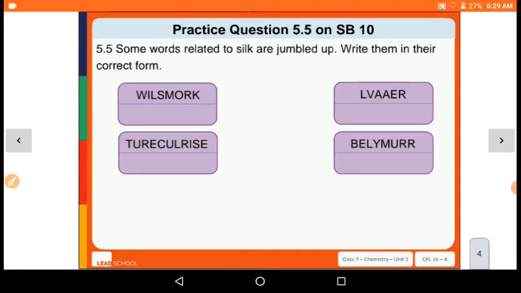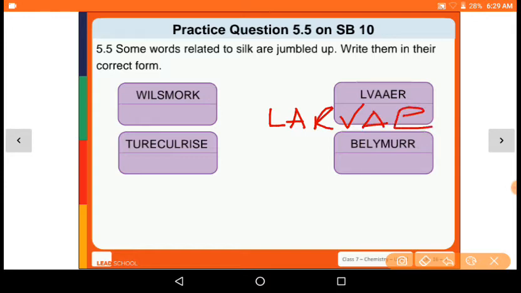Here the third is larvae, and this is mulberry.